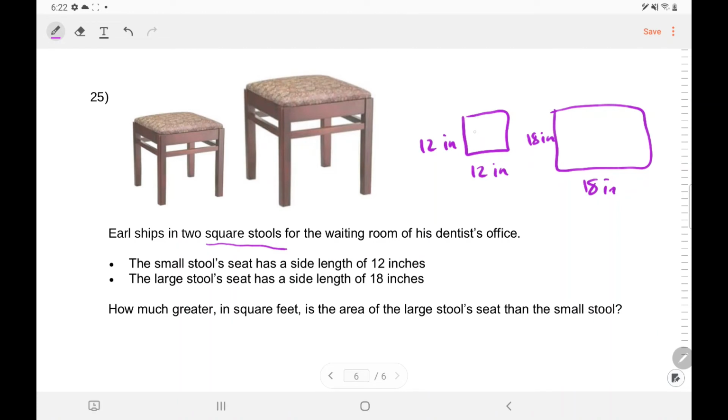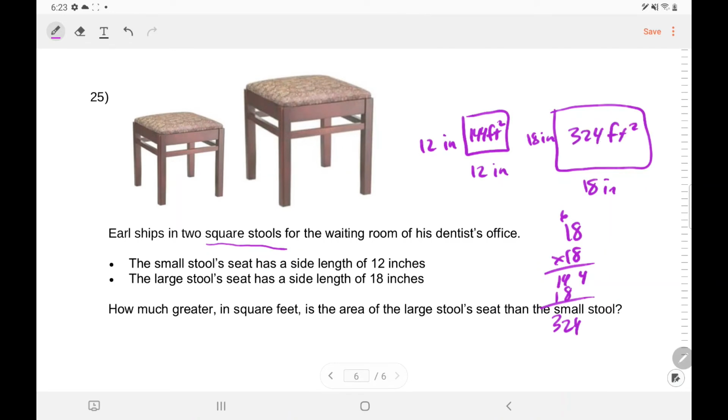So 12 times 12 gives us 144 square feet. And 18 times 18, so let's multiply that out. That gives us 324 square feet.